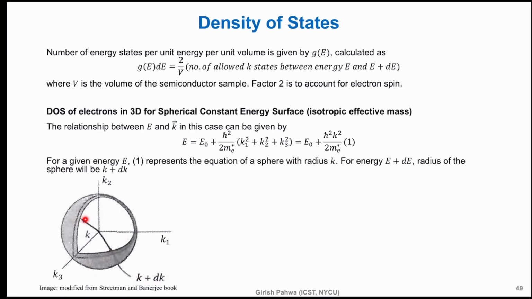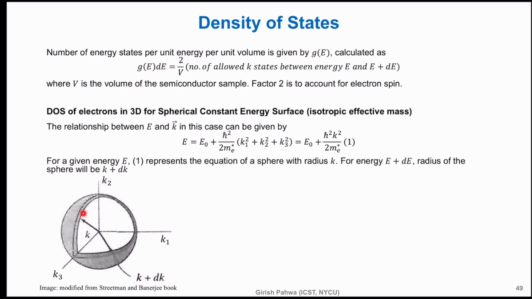Now what I want to find, so I know that all the points in this shell are between energy E and E plus dE. If I want to calculate, say, the density of states, what do I want to find?